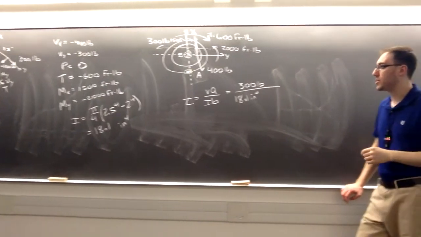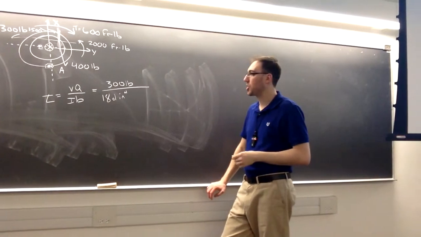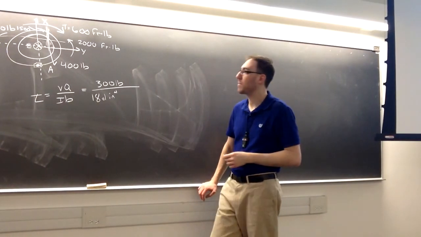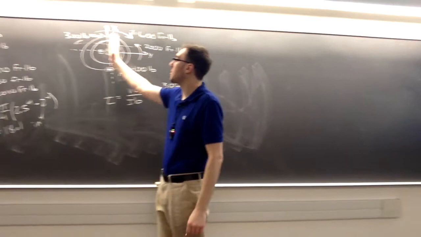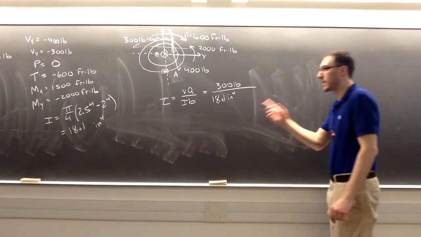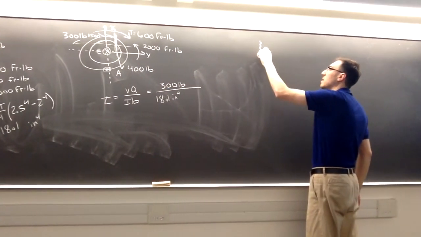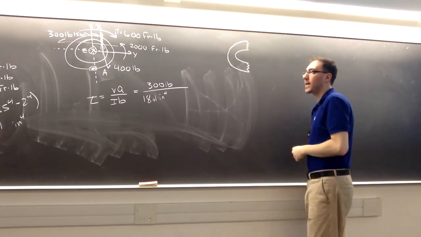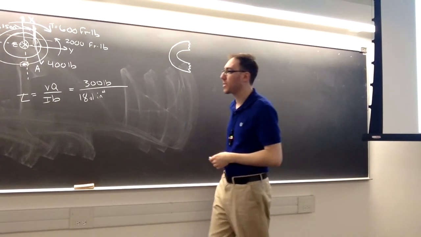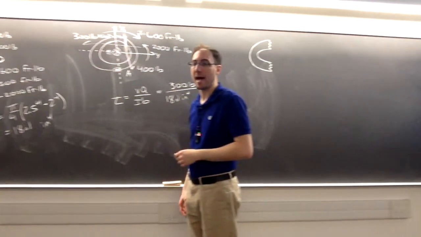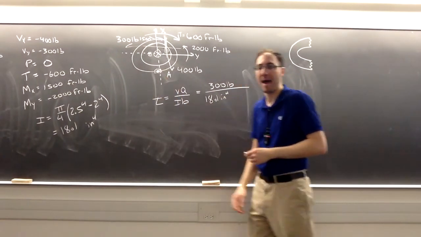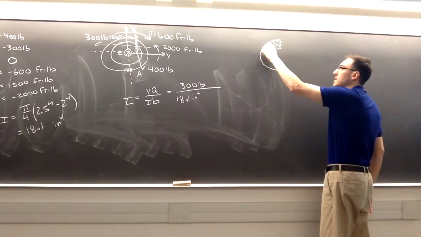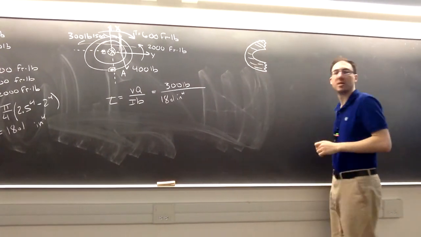And now what we need to do is look at what is Q and what is B for this shape. So A is located at the neutral axis here. So to get our Q and our B, we can make our mini shape everything above or below the neutral axis. In this case, it's symmetric, so it doesn't matter. So I'll just take everything in this case to the left of the neutral axis to be my mini shape.